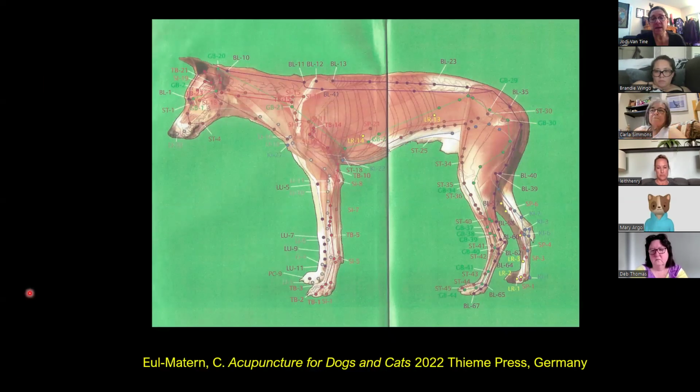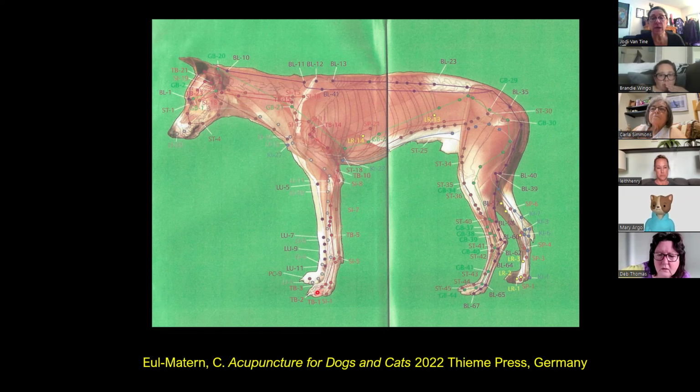So this is a screenshot or a picture of a book by Christina Mattern. Here's the reference for that. And it's the course textbook for the acupuncture courses for College of Integrative Veterinary Therapies. And this one is really, I thought, nice because it shows kind of an illustration of the channels.